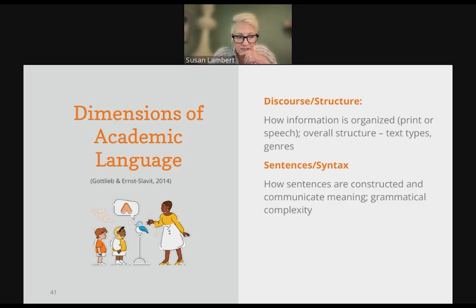Sentences and syntax. Man, I don't know how many times I've said this in the last 2 years, but I think the sentences and syntax don't get the stage they deserve. Sentences are constructed to communicate some meaning by the author that writes them. And again, depending on the content area you're in, depending on what the author wants to communicate, sentence construction is different.